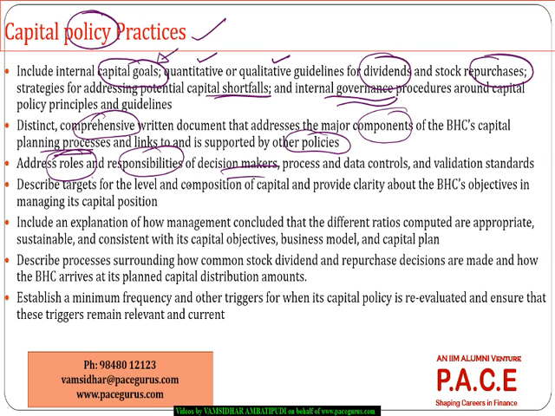And targets should be very clearly in place. One, for the level of capital: how much capital is required, and what is the breakup of that capital. So there should be a clear-cut target for each source of capital based on the objectives and the business model, so that it can be properly managed.